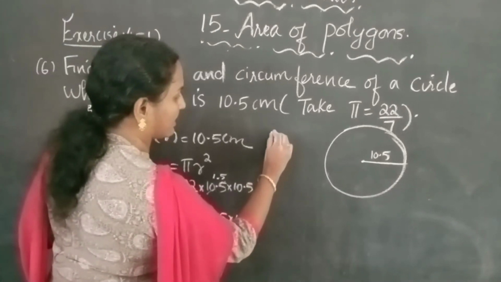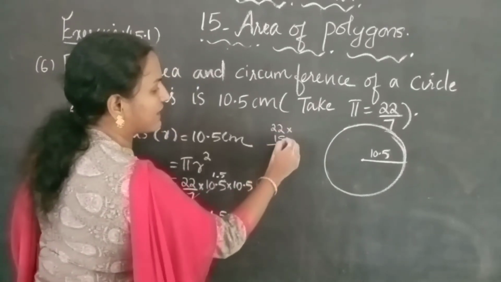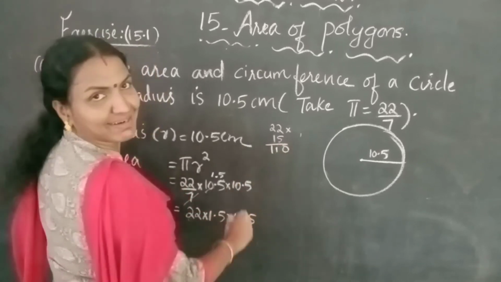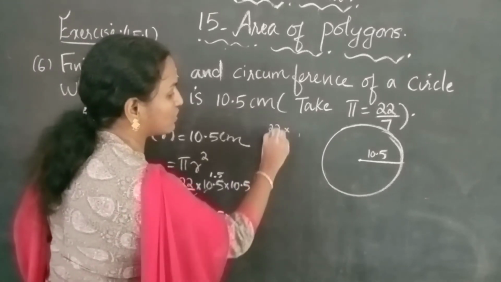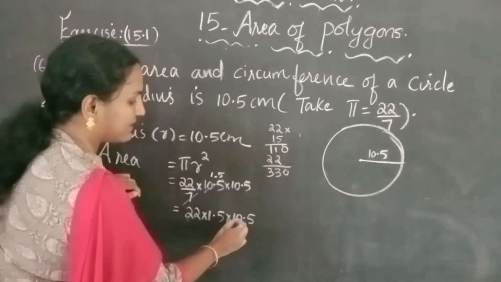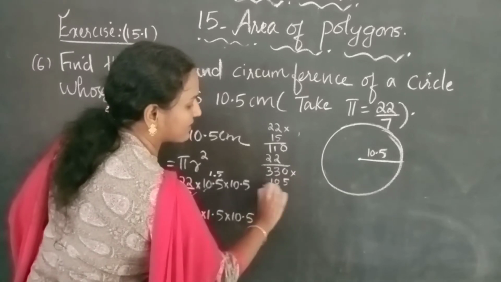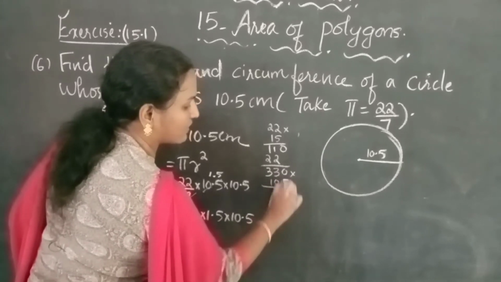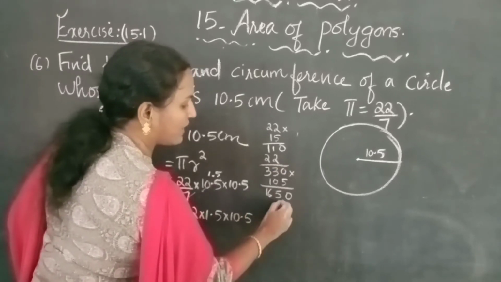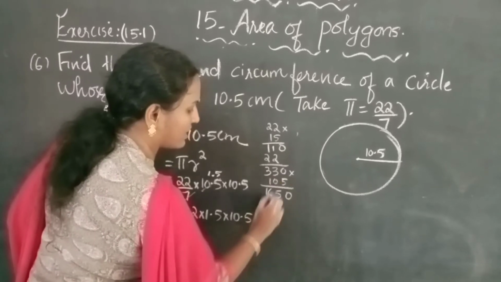22 into 15. 5 into 2, 10, balance 1. 5 into 2, 10, 10 plus 1, 11. 2 into 1, 2. Then 3 into 105: 0 into 5, 0. 5 into 3, 15, balance 1, 15 plus 1, 16. 0 into any number is 0. Then 1 into 3, 3.